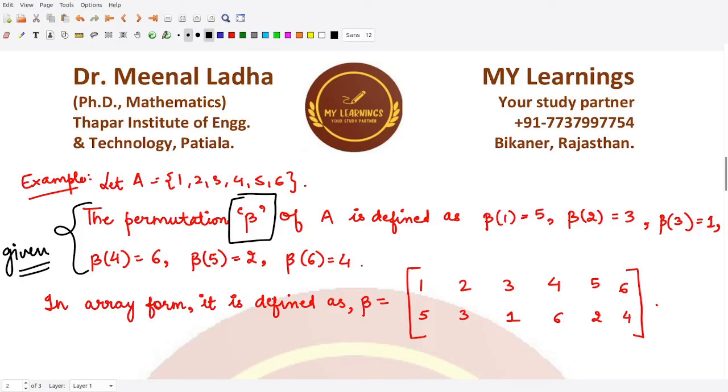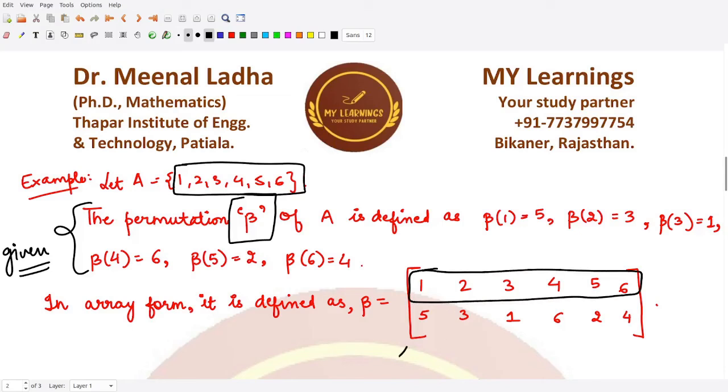Now we are interested in writing it in array form. We first of all write all the elements as the first row, and the second row consists of beta of 1, beta of 2, beta of 3, beta of 4, beta of 5 and beta of 6. We just have to write all these values here.